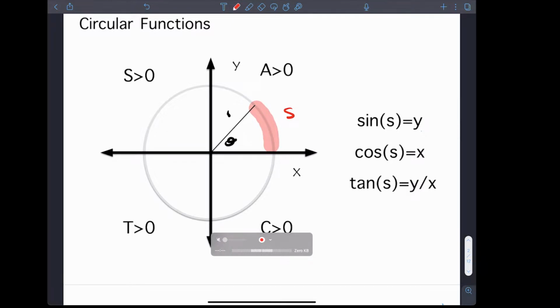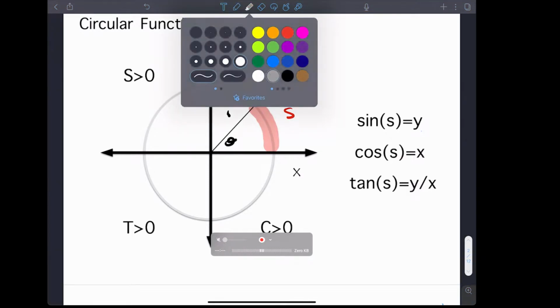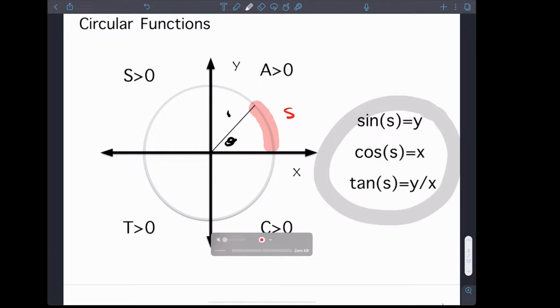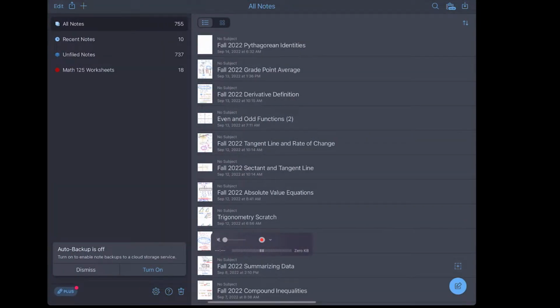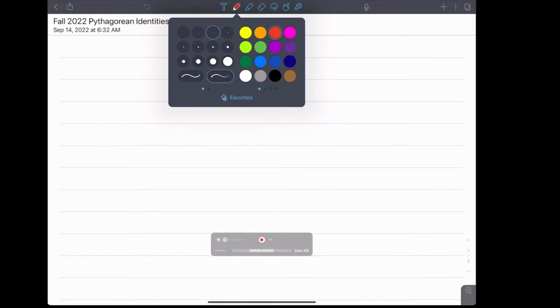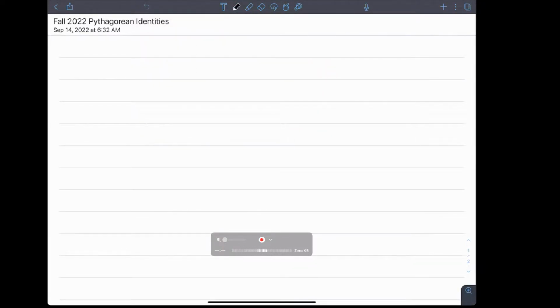So the circular functions are to the right over here. So we're going to combine some ideas here. Okay? Now remember, I'm going to go over here to my scratch work. And I'm going to say to you guys, let's write down the circular functions, right? So what do we know? Sine of S or theta, I believe, was the y coordinate.